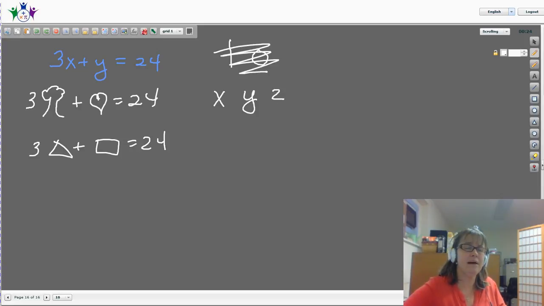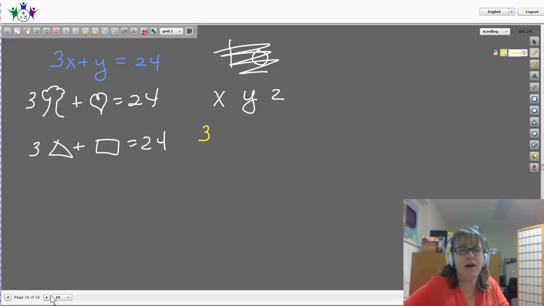Now, somebody at some point in time decided to come up with a brilliant idea to make it easier for kids. Oh, let's make the variable, or the unknown quantity, match the first letter of whatever we're doing.